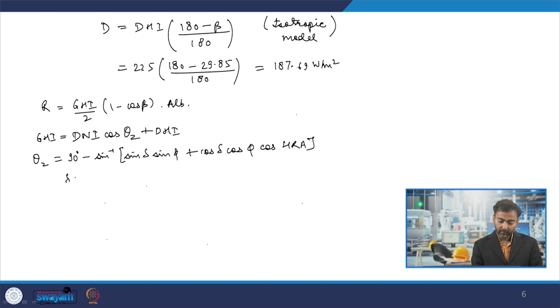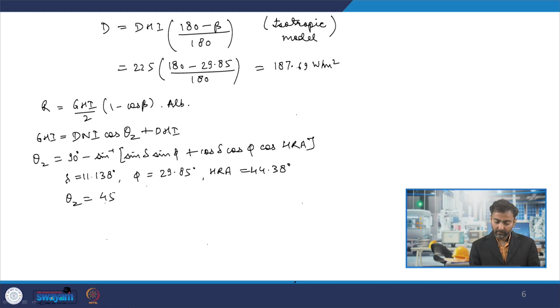As we already just now found out, delta in our case is 11.138 degrees, phi is given as 29.85 degrees, and HRA at this instant we found as 44.38 degrees. So, putting all these three values in the equation for solar zenith angle, we get the solar zenith angle as 45.22 degrees at this particular instant.